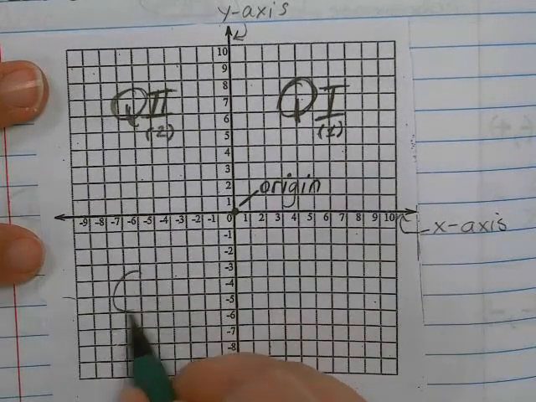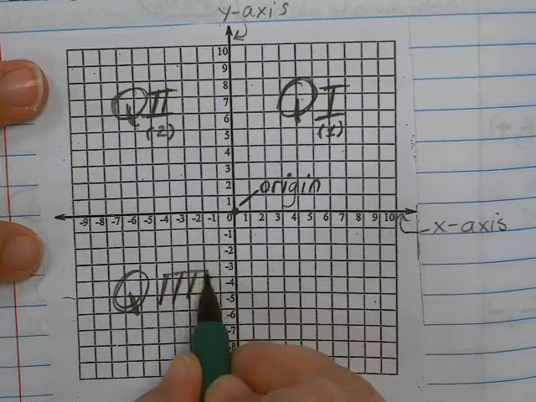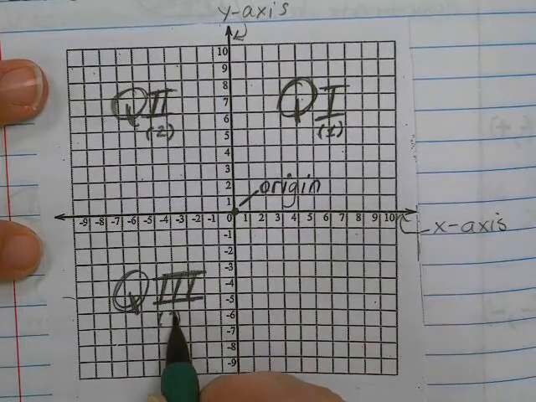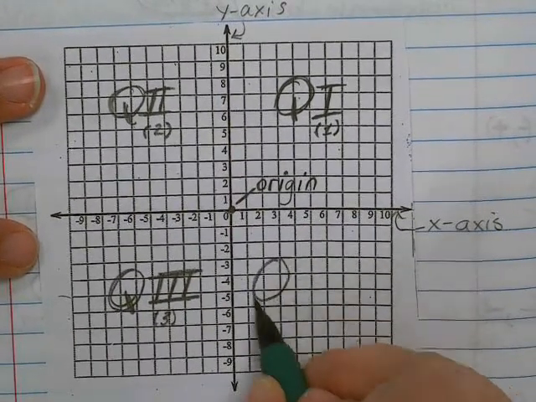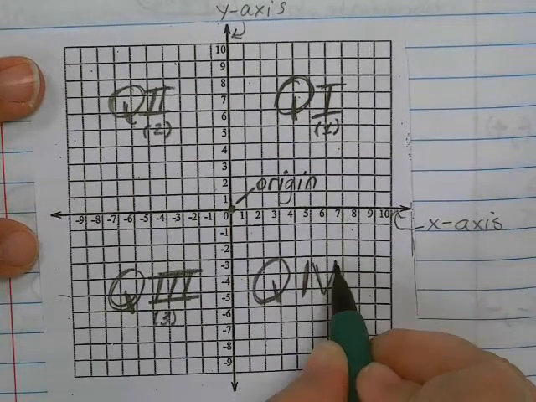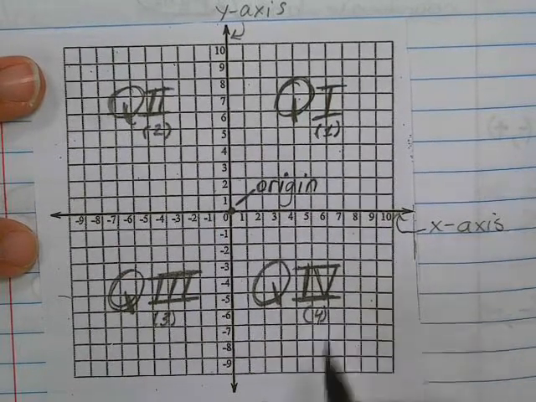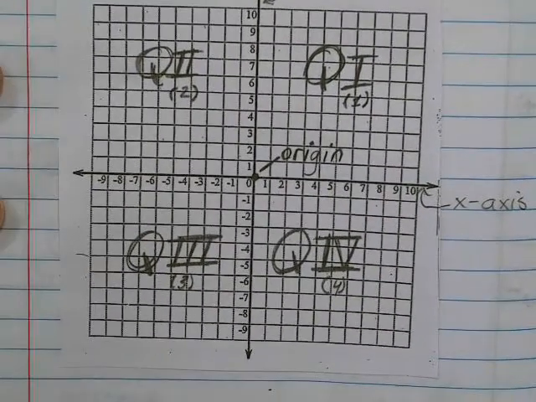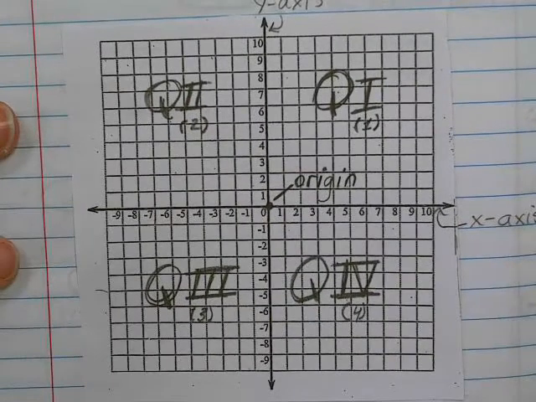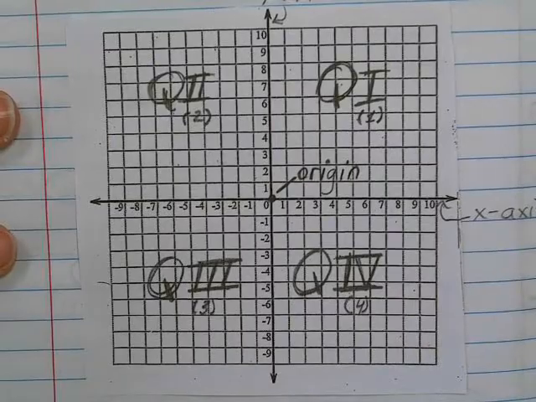And then below that is quadrant 3. And then the final one is quadrant 4, and that's capital I-V. So that was just a real quick review of yesterday's notes.